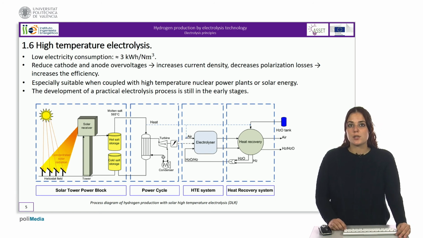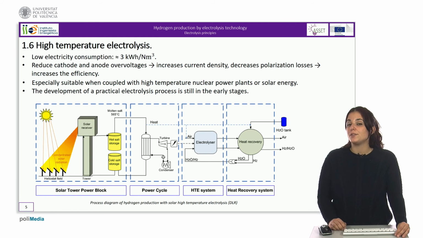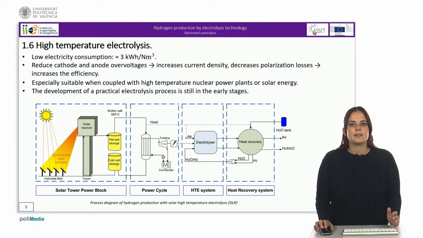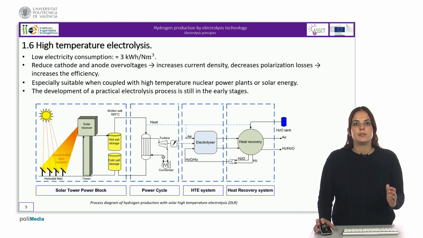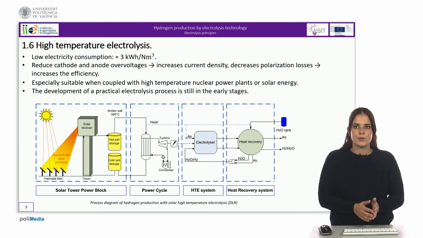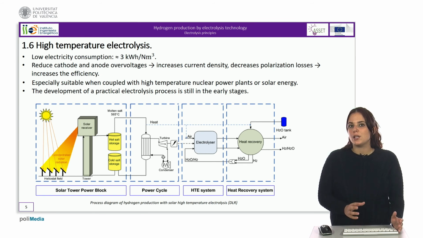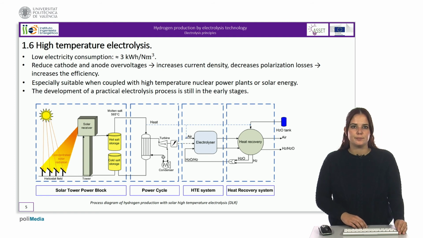The figure shows a 3 electric kilowatt-size pressurized high-temperature electrolysis system coupled to a concentrated solar energy source developed by the European project SOFIA. In this process, the steam is decomposed into hydrogen and oxygen at high temperature in the range of between 700 and 800 degrees Celsius, using a combination of electrical energy and high temperature heat.